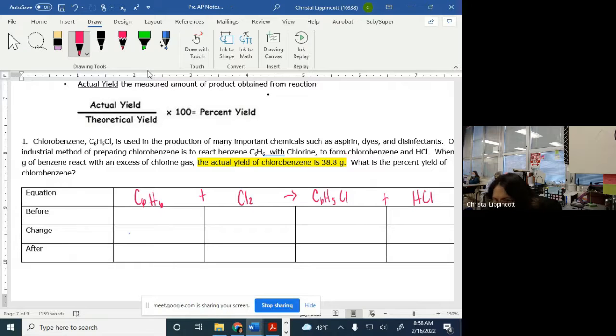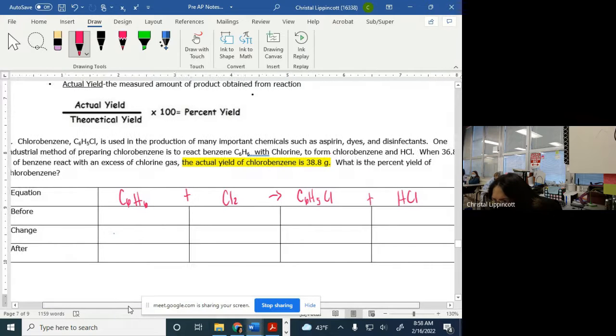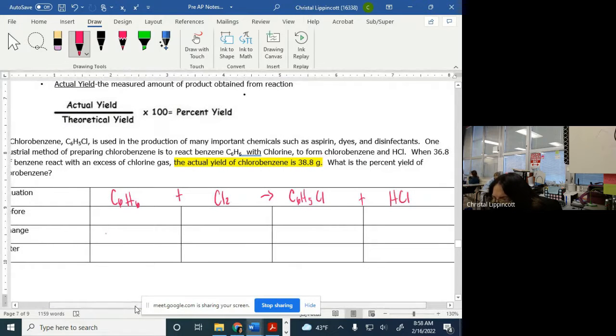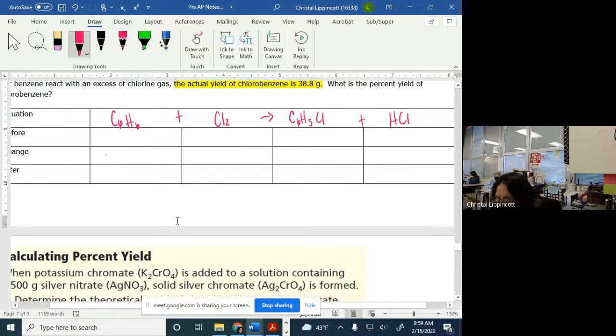All right. So we're going to go through here. They're telling us that we are starting, and that's off the screen here. I got to scoot over a little bit. We're starting with 36.8 grams of this guy. So I've got to take my 36.8 and convert that into moles because only moles in the holes.